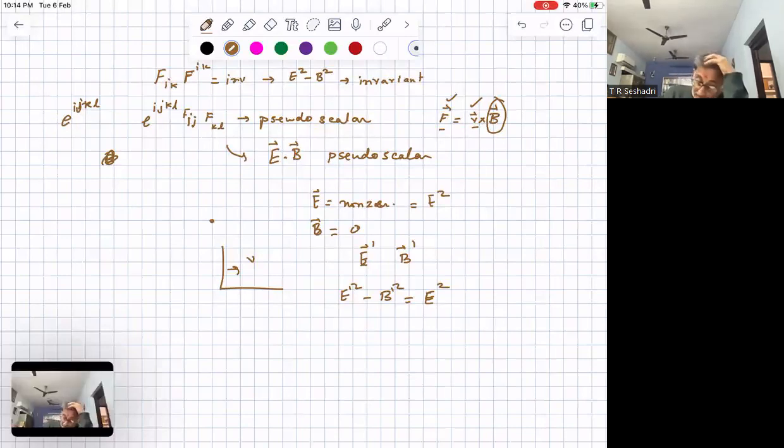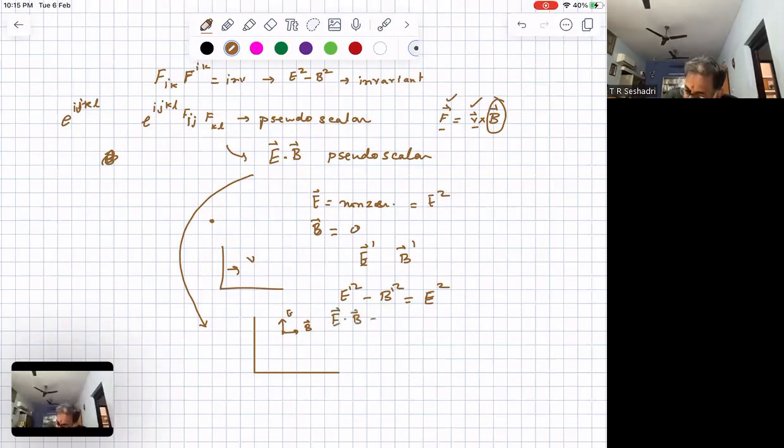Then there is another thing. Now I take this one. It is a pseudoscalar, but as far as Lorentz transformation is concerned, it is behaving as a scalar. Okay, so now suppose I have a frame in which at some point I have an E like this and B like this. It means E dot B is 0.